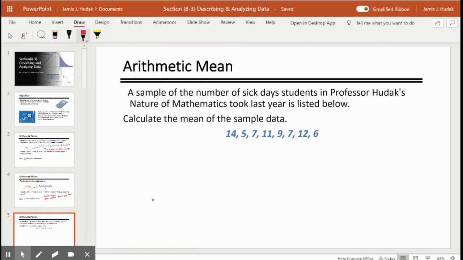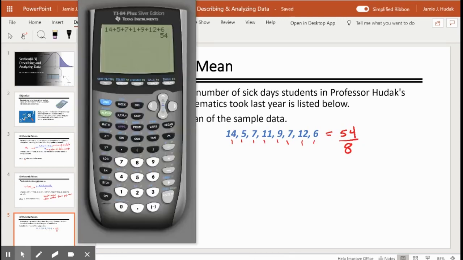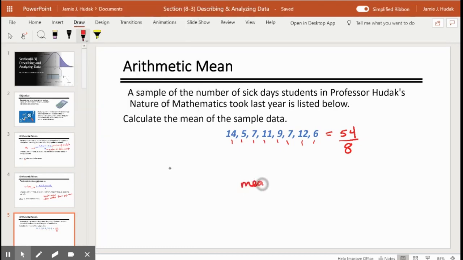And we get the sum is 54. And then we count the number of terms, 1, 2, 3, 4, 5, 6, 7, 8. We divide that by 8. And 54 divided by 8 gives us a mean of 6.75.